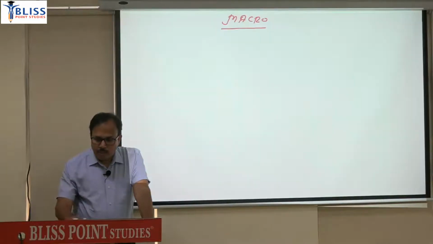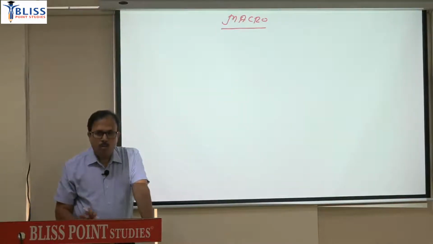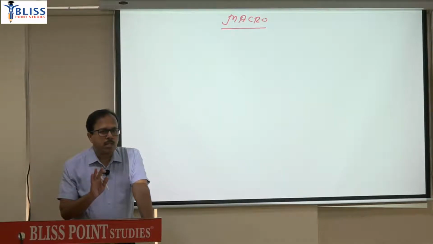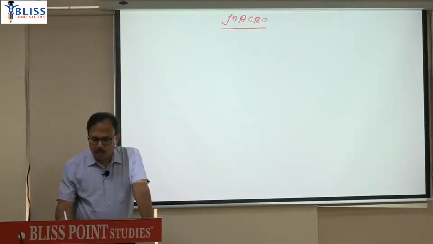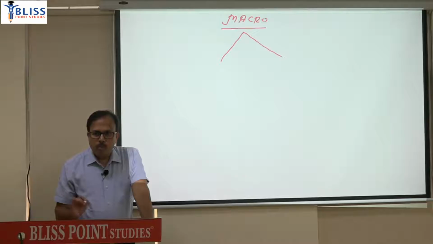So first of all, divide this entire macro into broadly 2 parts. Initially, I am just introducing macroeconomics. Divide this entire macroeconomics broadly into 2 parts based upon 2 different sets of principles, or based upon 2 different schools of thought.